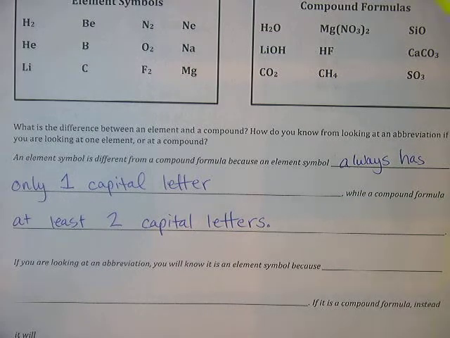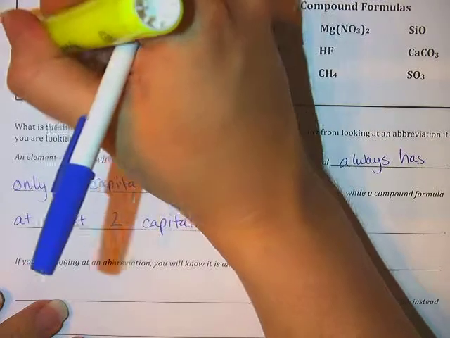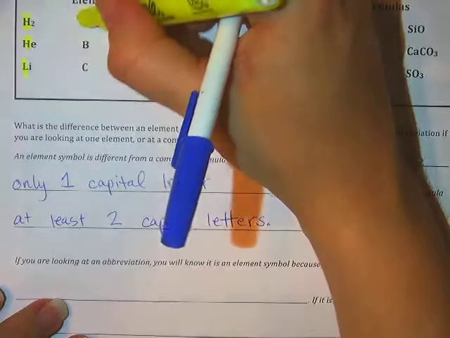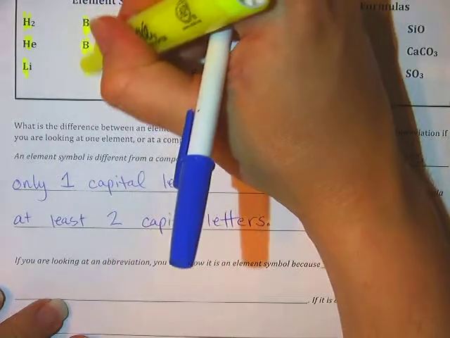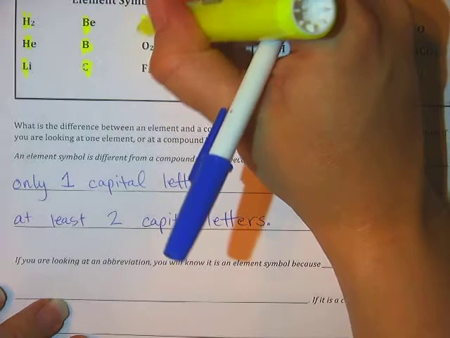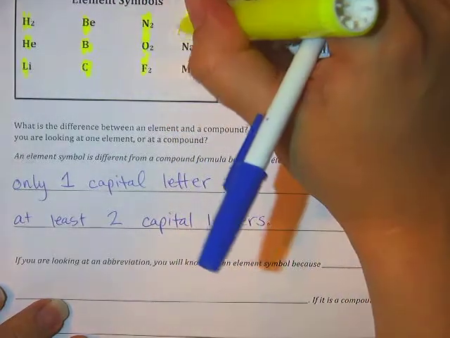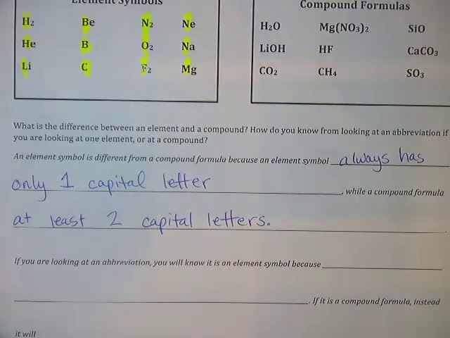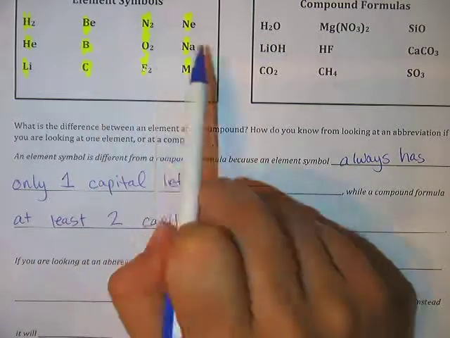Again, notice all of these elements, there was only one capital letter in the element symbol. Whether the symbol was 1 letter long or 2 letters long, there was still only one letter that was capitalized. If there was a second letter, the second letter was lowercase.